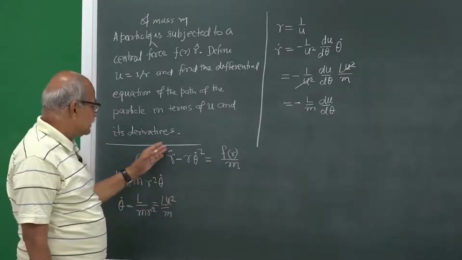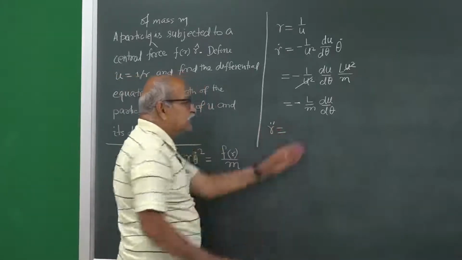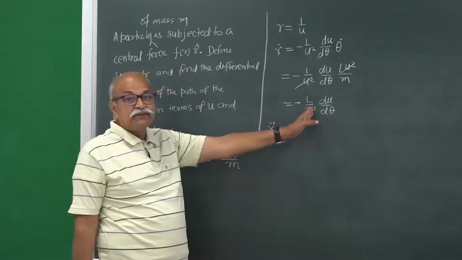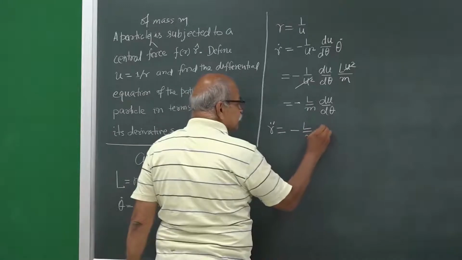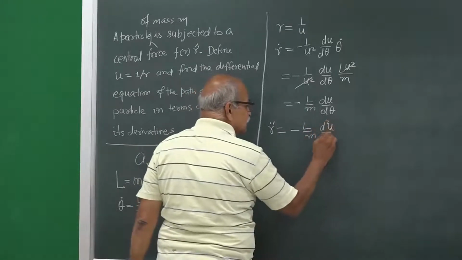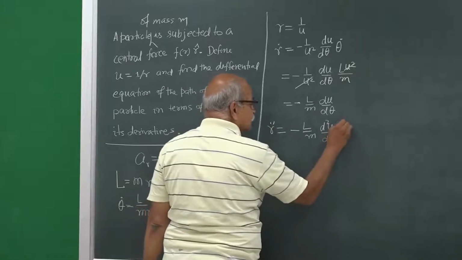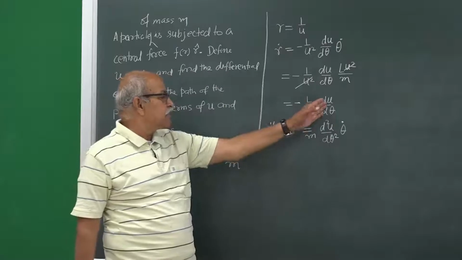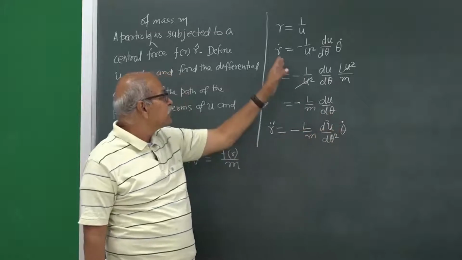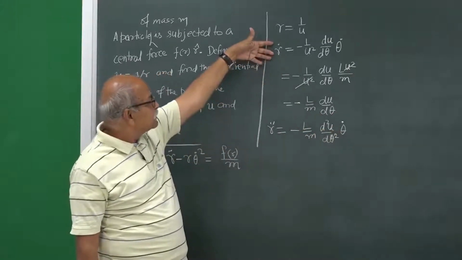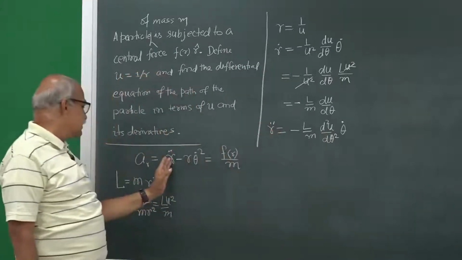And then we need r double dot. So, r double dot means we have to differentiate this thing with respect to time, and that will be minus L by m d2u d theta square, and then theta dot, differentiation with respect to theta, and then differentiation of theta with respect to time, that gives me the time derivative of this r dot, which is r double dot. So, let us put these things in this equation here.